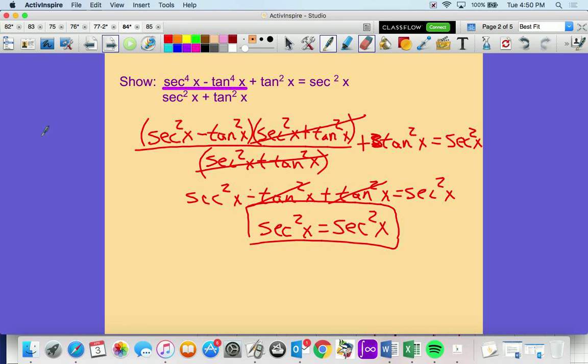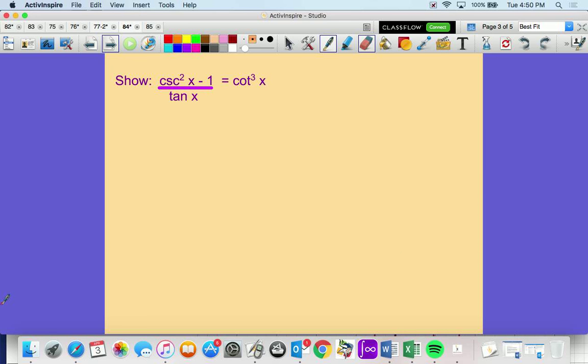Alright, next one. Cosecant squared x minus 1 over tangent of x equals cotangent cubed x. Well, what we have is cotangent squared x plus 1 equals cosecant squared x.